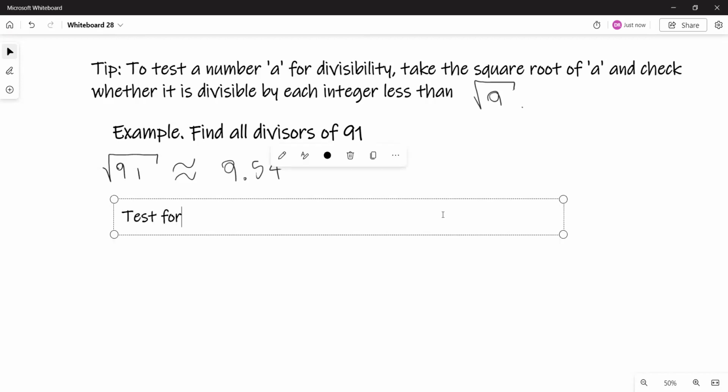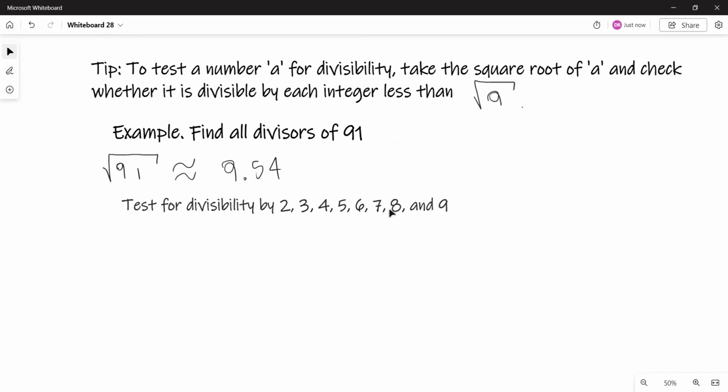So test for divisibility by 2, 3, 4, 5, 6, 7, 8, and 9. Because the square root of 91 is 9.54, the greatest integer less than 9.54 is 9.